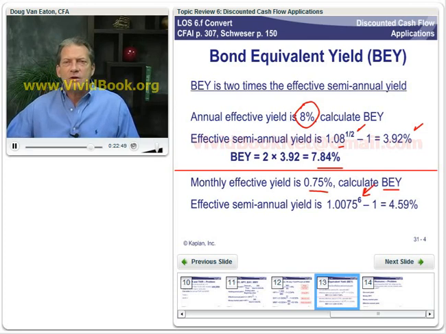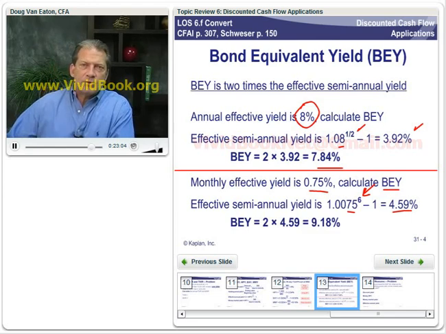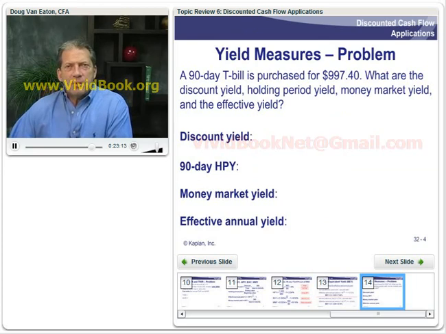If we earn 0.75% per month, compounded for 6 months, that would come out to 4.59%. To get the bond equivalent yield, just double that: 9.18%.